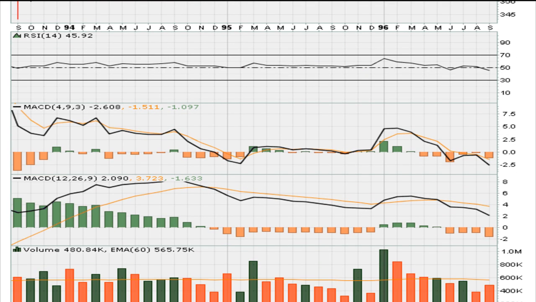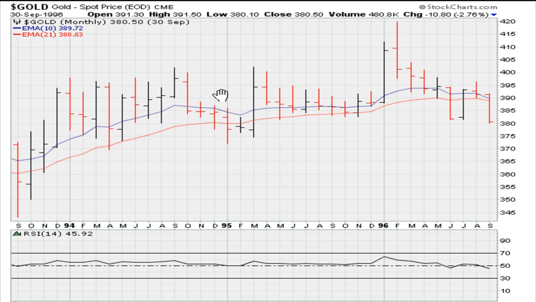And take a look at the MACDs, and you can see one of the MACDs, if not both of them, were already trading at 3-year lows. So that's very bearish. And also 3-year lows here, and also moving below 0 and finding resistance at 0 is not a good sign. So in September 1996, gold was looking very bearish.